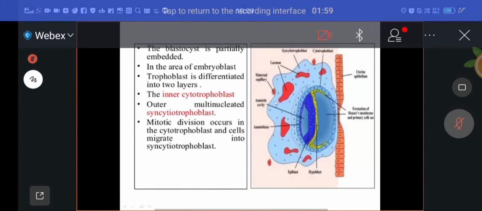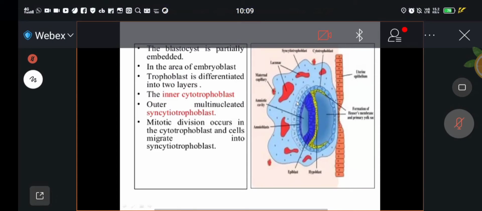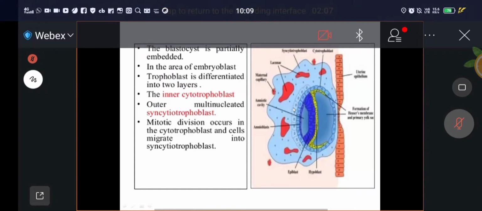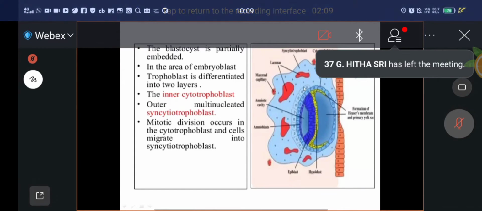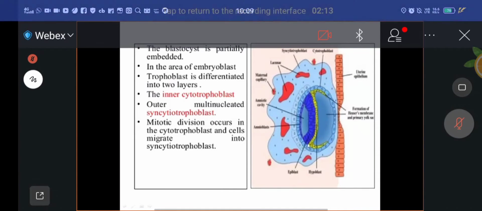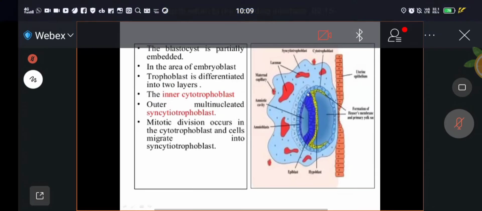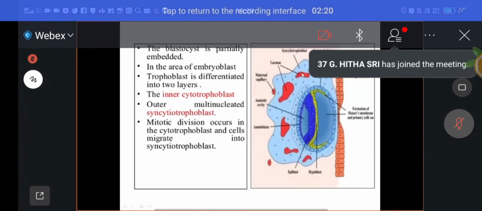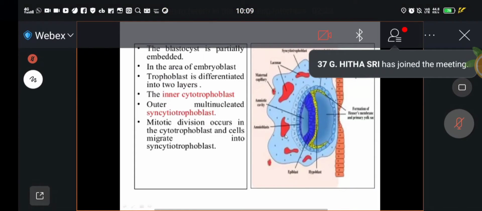The inner cells are called cytotrophoblast, where I am focusing the cursor. See here, these are the cytotrophoblast cells. Whereas the outer cells, this bigger one, where I'm focusing the cursor.